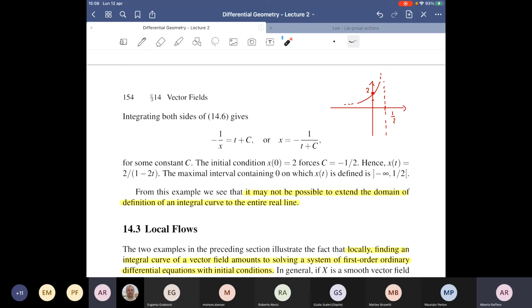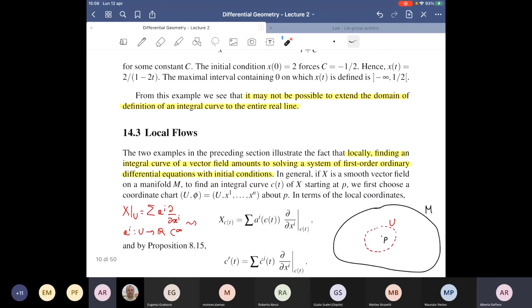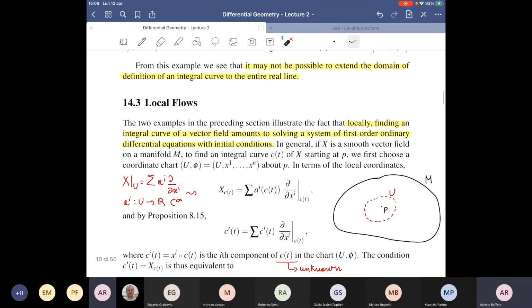Some other times we are not so lucky, and it may happen that the integral curve we are considering is not defined on the whole real line. But as we will see, it is possible to do some local consideration, again, using the definition of group homomorphisms we met before. And this is what led us to the next topic, which is local flows of vector fields.